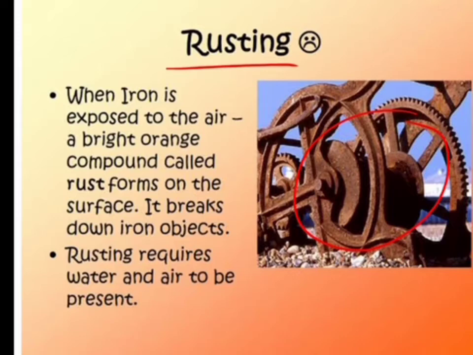When an iron object is left in moist air for a considerable time, rust is formed. The rusting requires water and air to be present. The chemical name of rust is iron oxide.